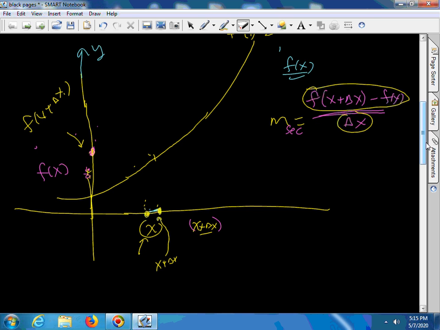Now, f of x is right here, and f of x plus delta x is right here. And to the best of my ability, that's the exact tangent line. So it has a slope. It is a line. Now, this line, maybe I should have tilted it down a little bit. Yeah, let me do that. Otherwise, you miss my point.